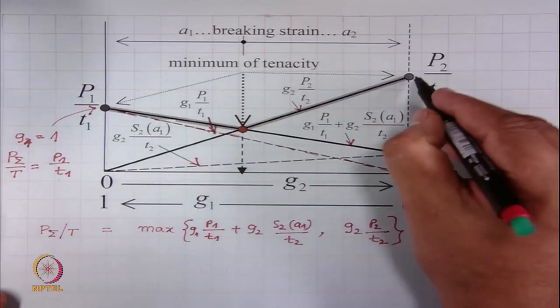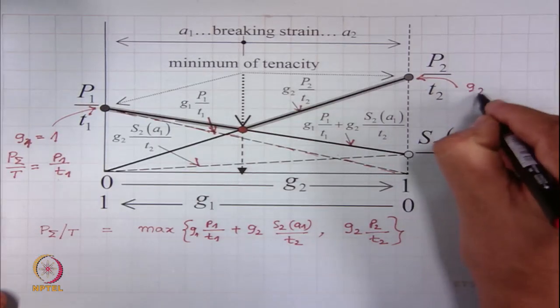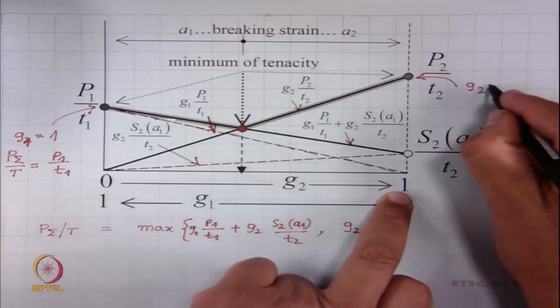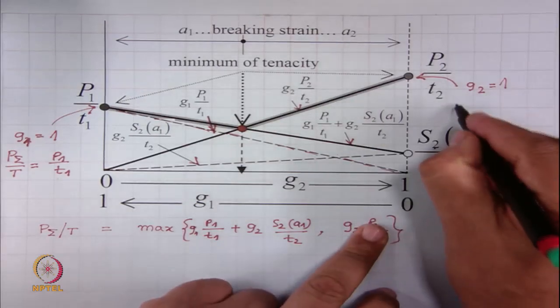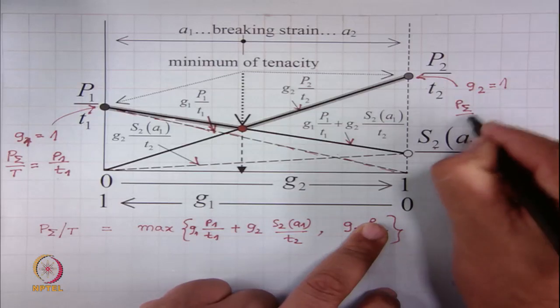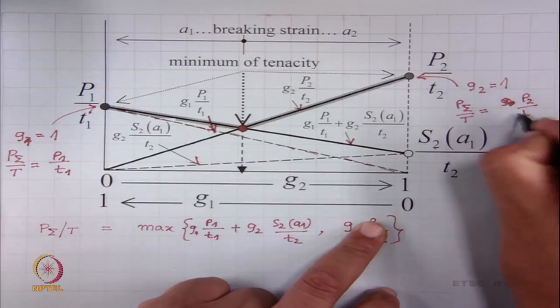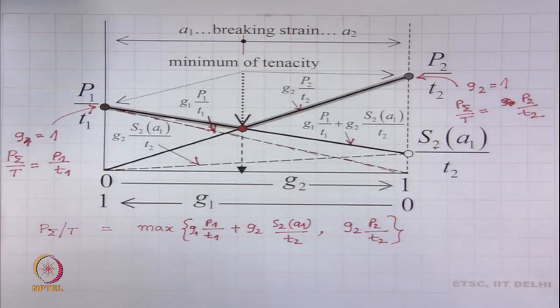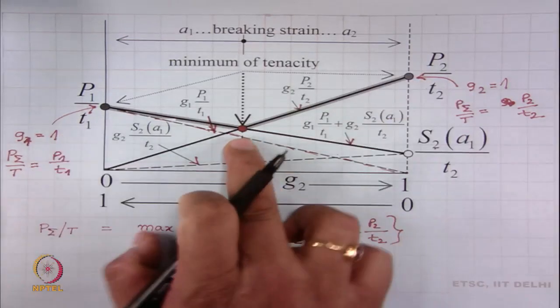At this point G2 is equal to 1. So, what will be the bundle tenacity at this point? P2 by T2.